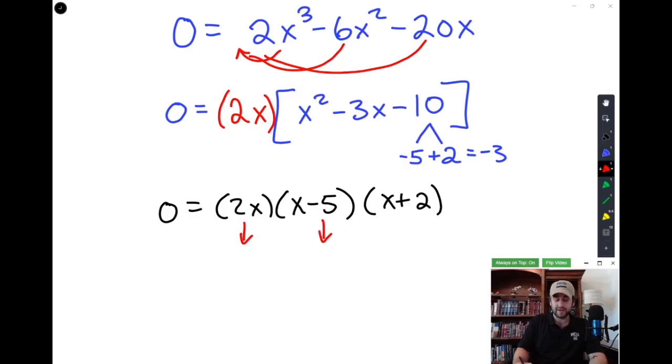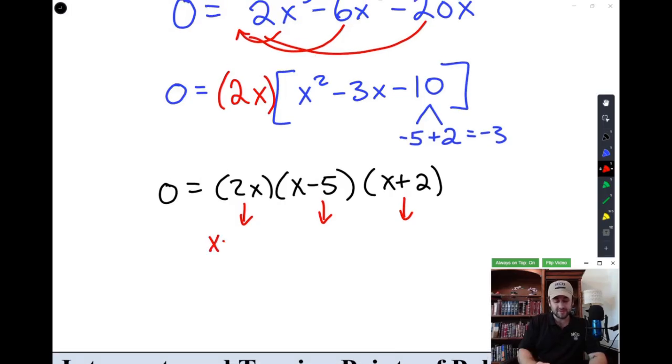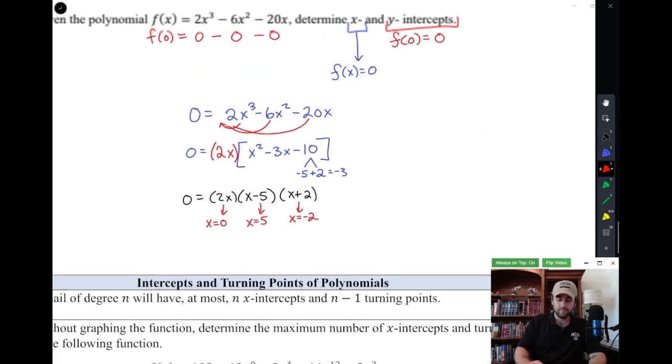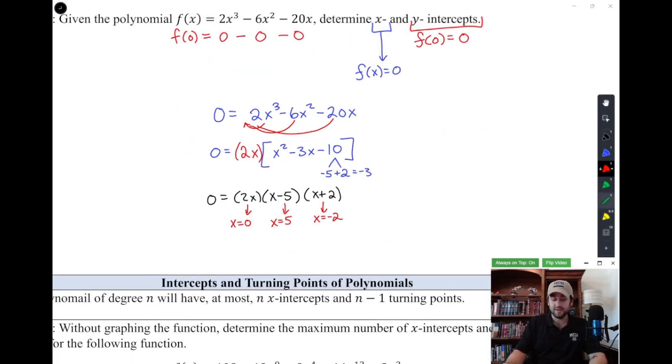Which means each of those factors, using the zero product property of multiplication, gives us a 0. X equals 0, x equals 5, and x equals negative 2, which in turn, don't forget what they asked us for. They asked us for our x-intercepts. And so that would be (0, 0), (5, 0), and (-2, 0).